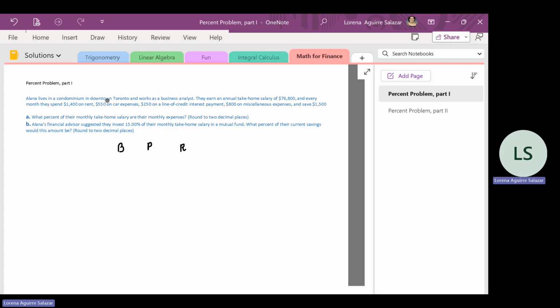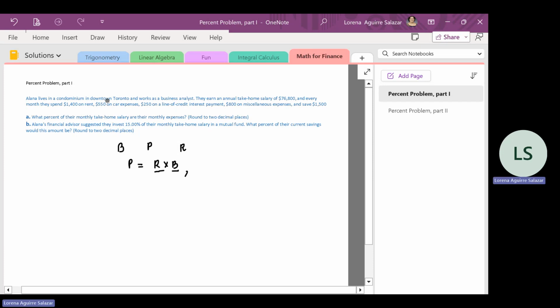There is a relationship between these 3 variables that can be expressed as follows. The portion can be computed by multiplying the rate by the base. The equation we have right here is the relationship between portion, rate, and base, and we will use this formula to solve both parts A and B. Notice that if we have the rate and the base, then we can compute the portion this way.